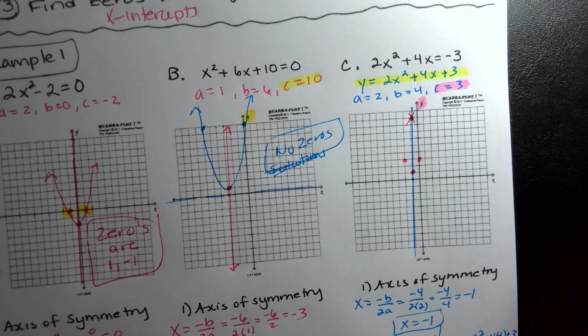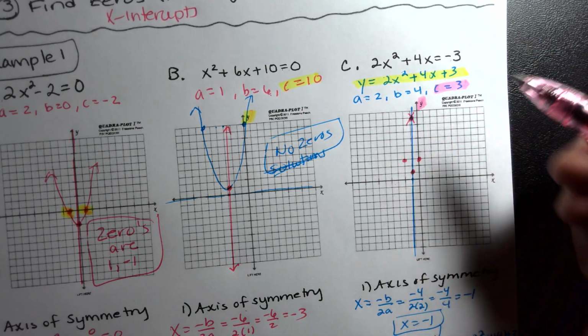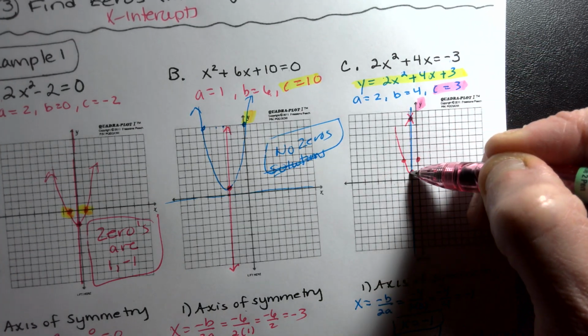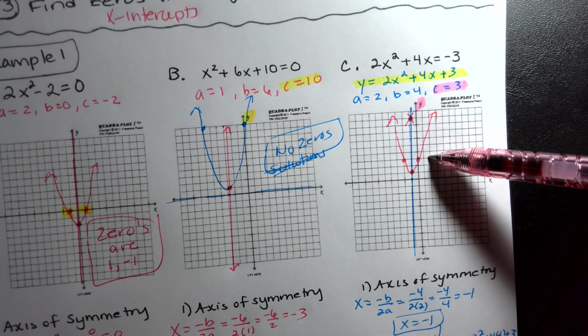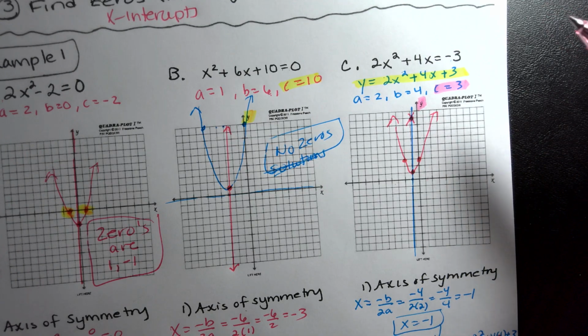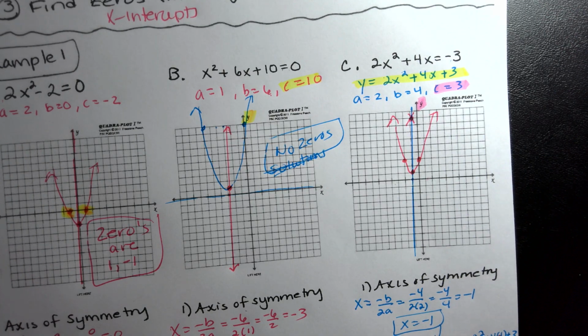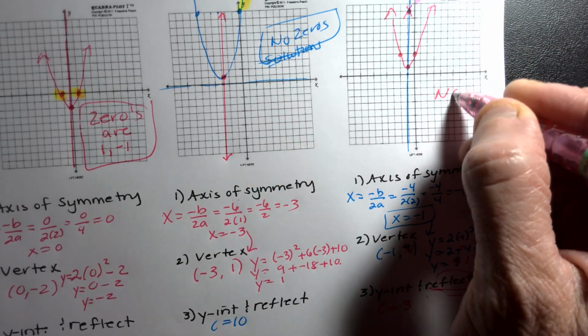Why? And I should have noticed this before, honestly, because this is a positive 2x, so I should have said to myself, why the heck would it go down when that's a positive? I did not ask myself that question. So we have, again, no zeros.